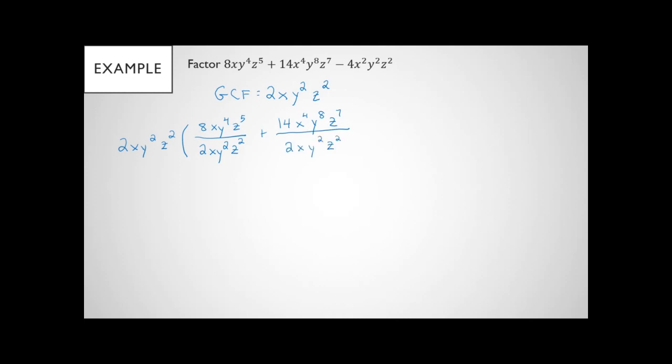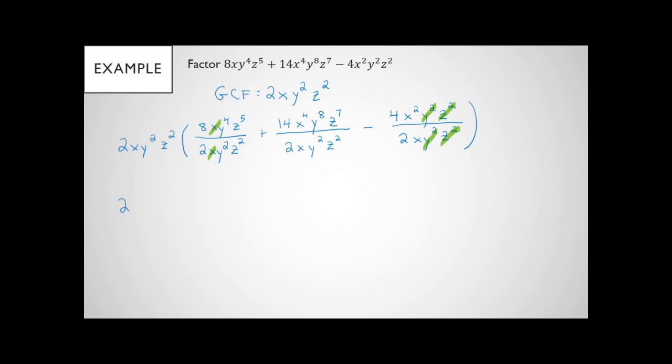This is just writing. And 4x squared, y squared, z squared, over 2x y squared, z squared. Okay. Some people like to just start by crossing off anything in common that they can, just so they get that out of the way, but it's up to you.